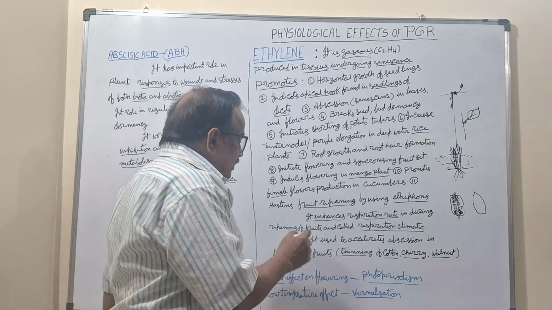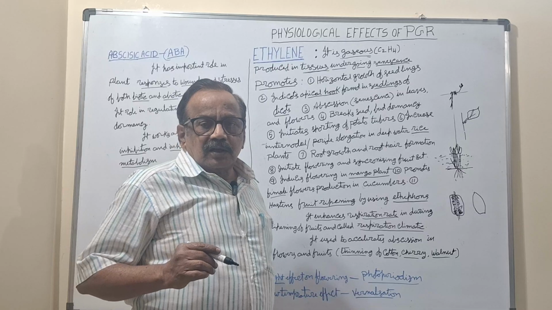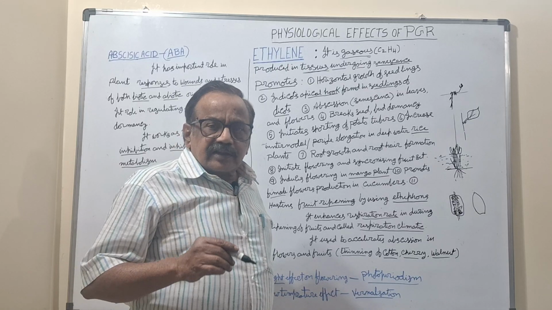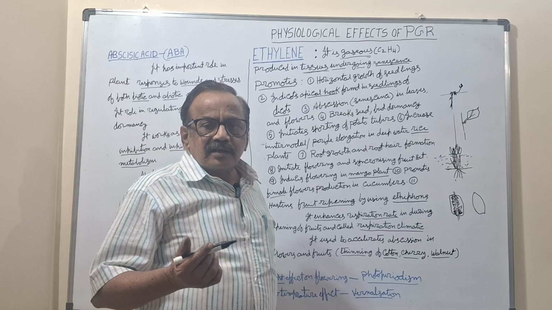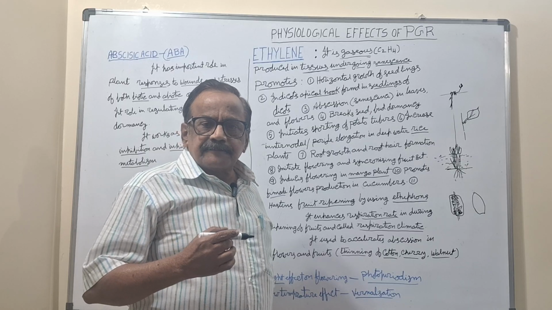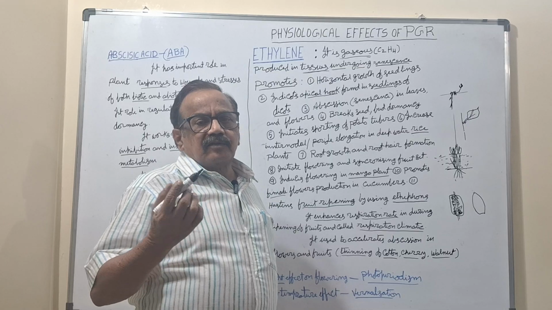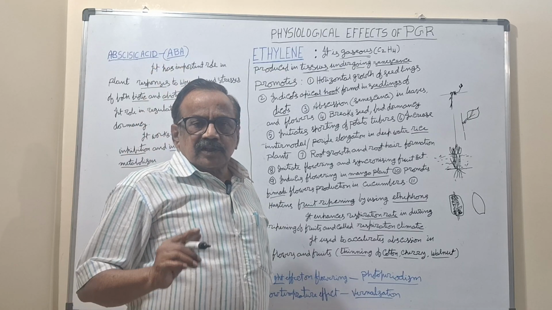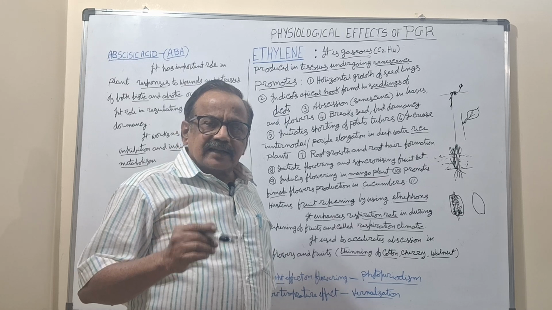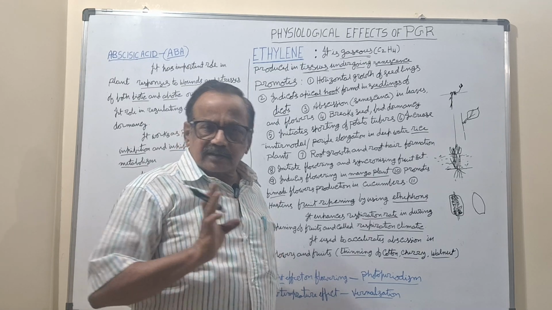So whenever this autocatalysis is going on, it requires energy for that. The mitochondria will work very fast, and carbon dioxide will be released with heat, and ATP will be produced that will be used for the autocatalysis and other things. So heat and carbon dioxide will be produced in the ripening of the fruits and other things.